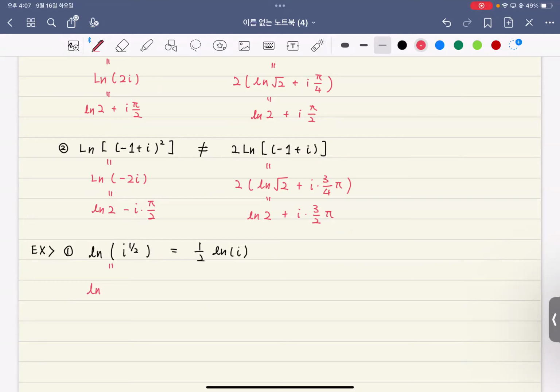As I told you before, i to the 1/2 is not a single-valued number. It is a double-valued function. So I am supposed to consider the square root of i, which is plus and minus 1 over square root of 2 plus i times 1 over square root of 2.